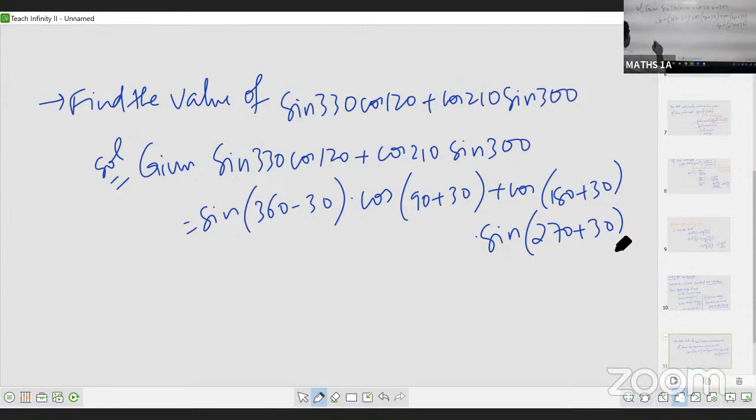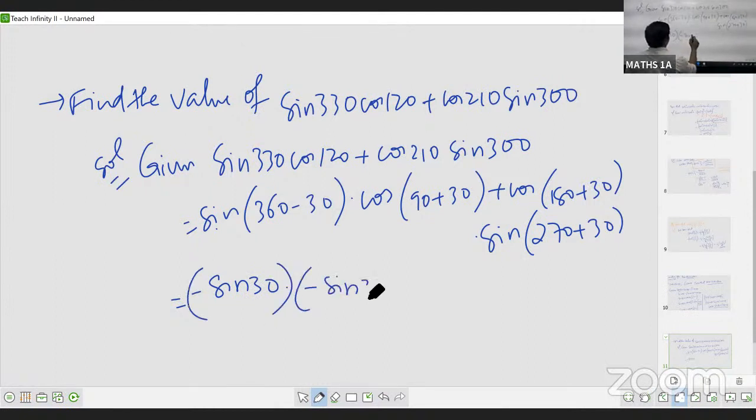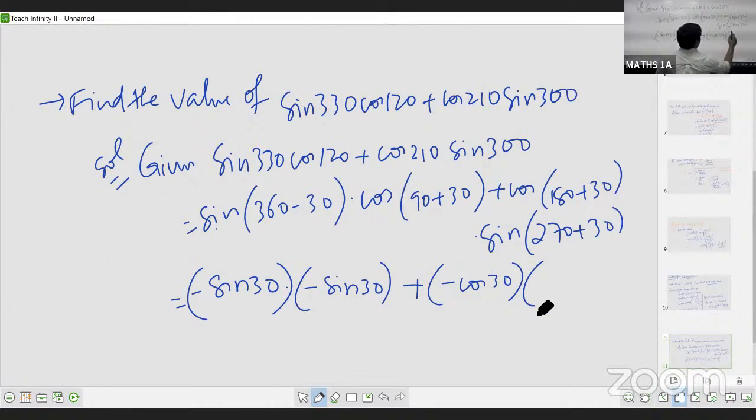Is it clear? Now sin 360 minus theta is minus sin theta, cos 90 plus theta is minus sin theta, cos 180 plus theta is minus cos theta, sin 270 plus theta is minus cos theta.